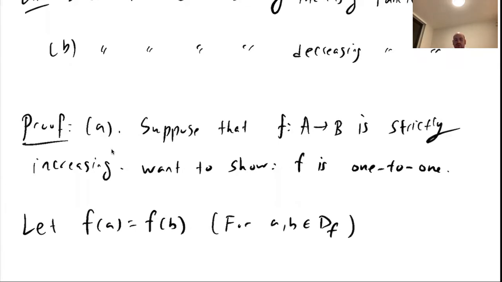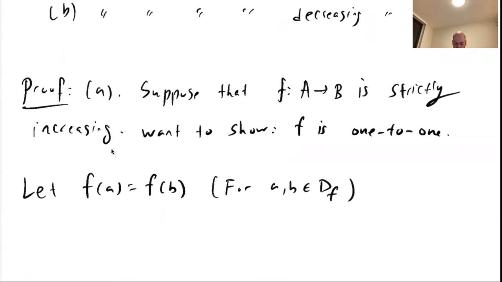And what do I want to show? I want to show that a has to be equal to b, right? Because if f of a equals f of b implies a is equal to b, then that means the function is 1 to 1, which is exactly what I want to show.